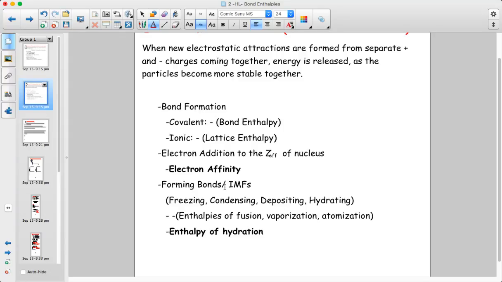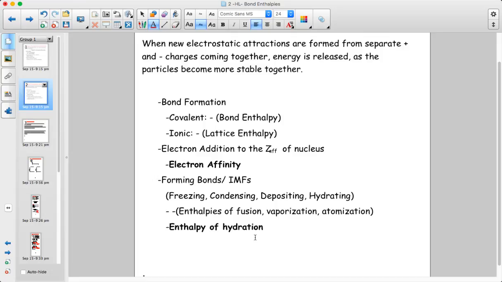So freezing, condensing, depositing, those were all exothermic phase changes as things came together and formed attractions. And hydrating something, like when ionic compounds are able to absorb water, so they form attractions with water, that also releases energy. So those have pretty much the same names that we looked at before. And enthalpy of hydration is a specific enthalpy change that we'll look at a little bit later.